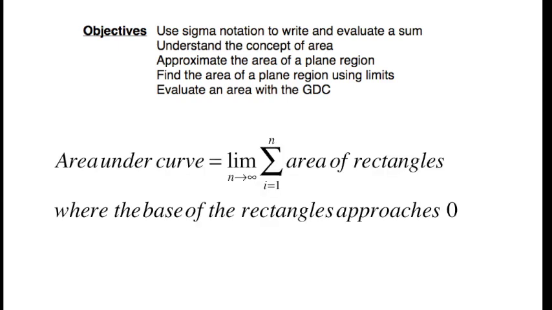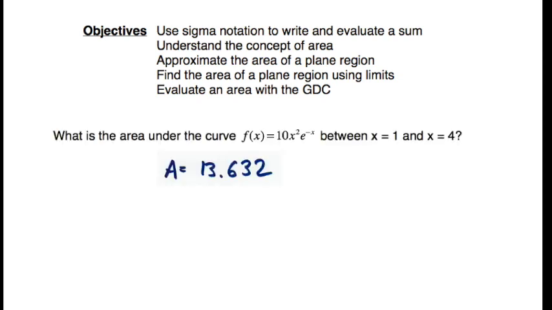We've discussed that the actual area is a limit as the number of rectangles increases to infinity with the base of the rectangles approaching 0. And we've seen that we can find with our calculator the area under a curve by just punching in the correct series of buttons.